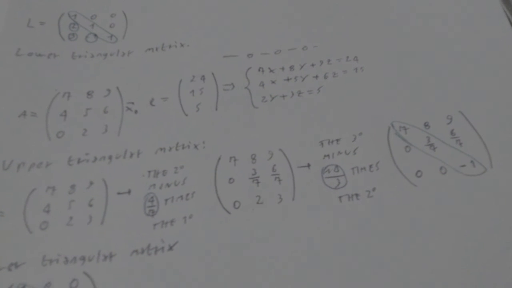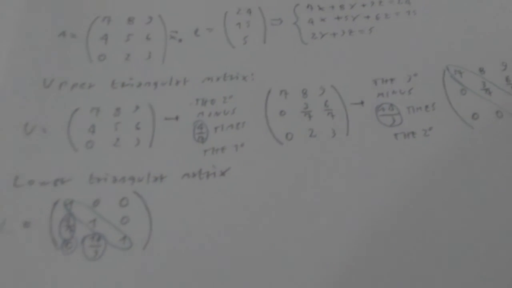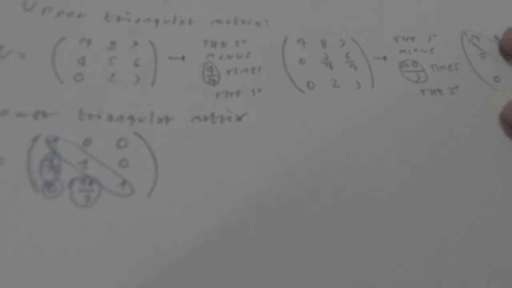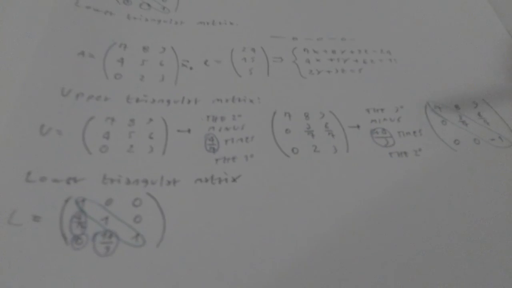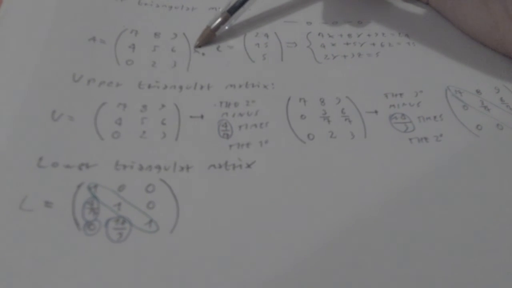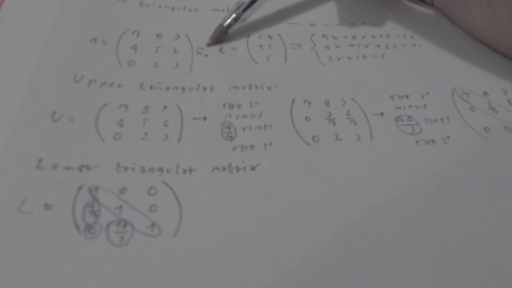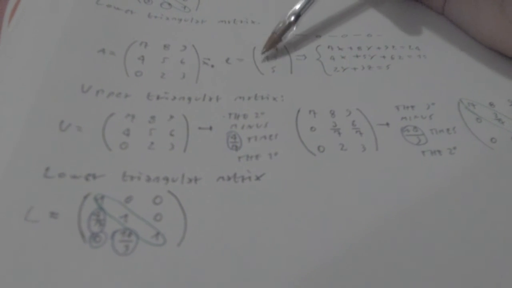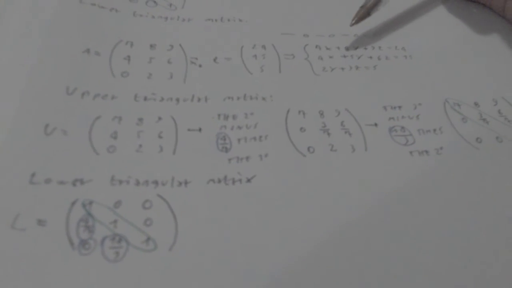So the idea here is that we basically had A times a vector x equals C. This was our system of linear equations.